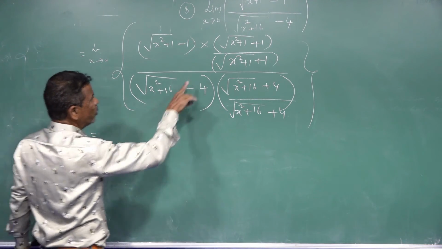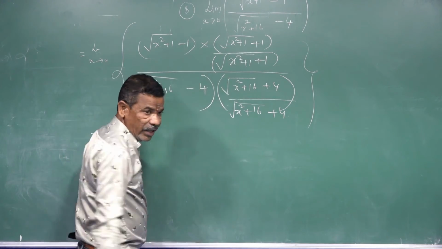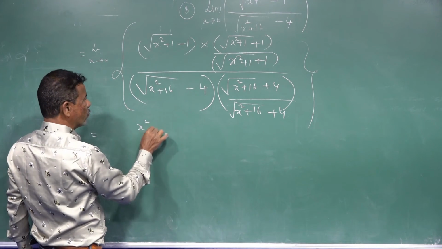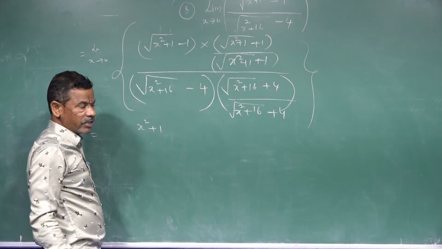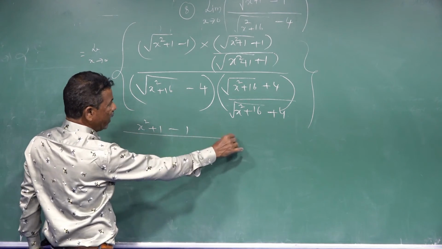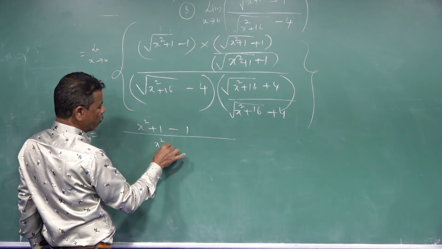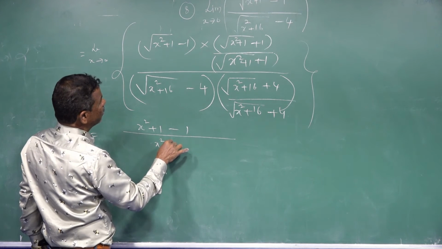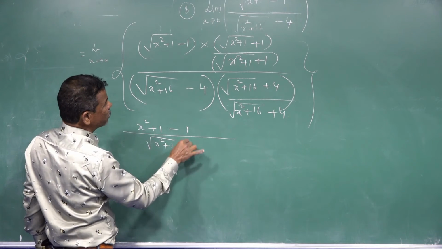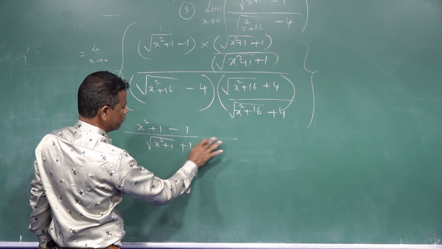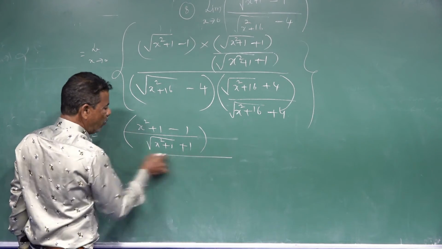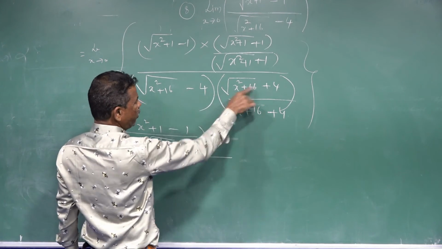Now it is changed to a minus b into a plus b, a square minus b square. A square means the root cancelled, x square plus 1, this is the a square, minus b square is 1 square, which is 1. Denominator as it is, root of x square plus 1 plus 1. This is the numerator. And the denominator, a minus b into a plus b.